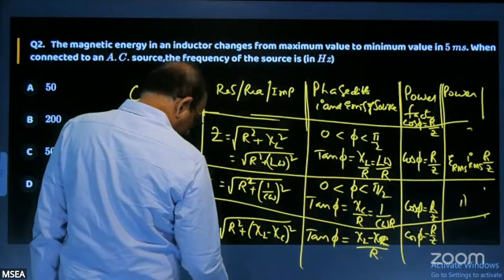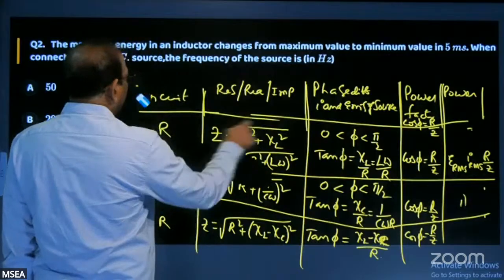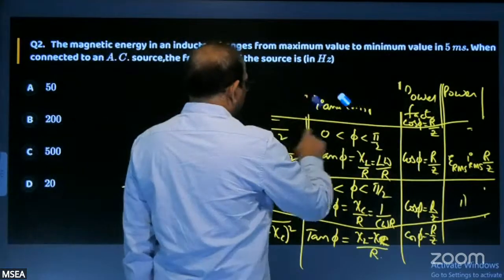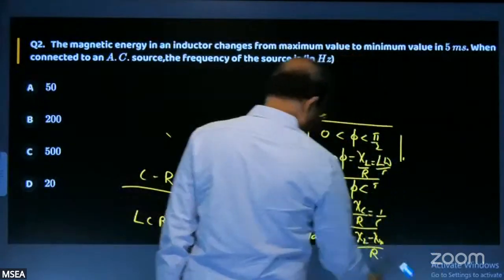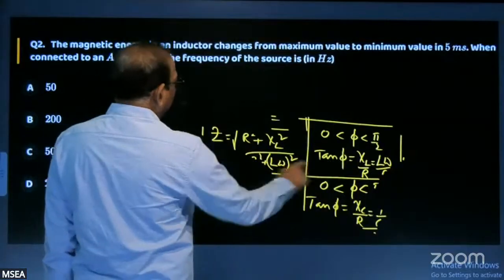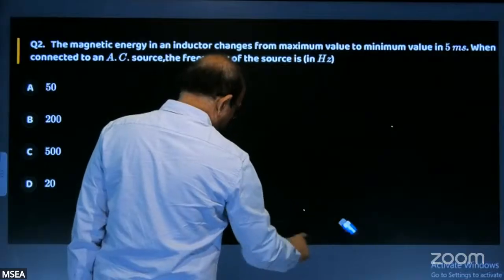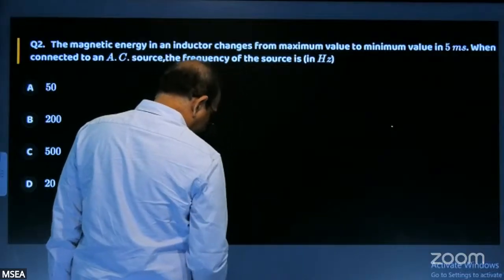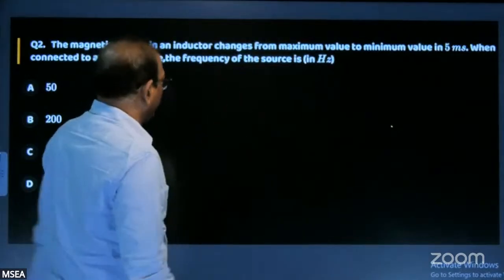And this LCR circuit, when it is in resonance. In CR circuit, current leads by pi by 2. In LR circuit, current lags by a phase angle less than pi by 2.